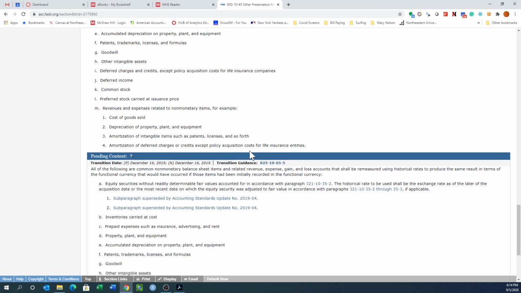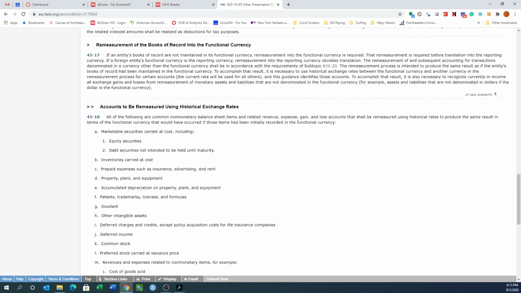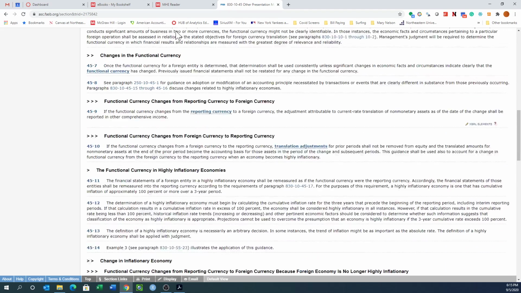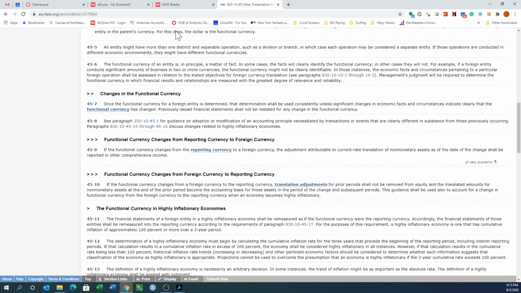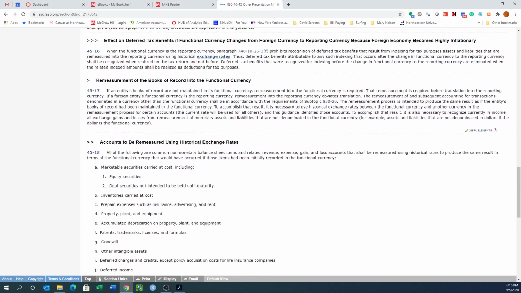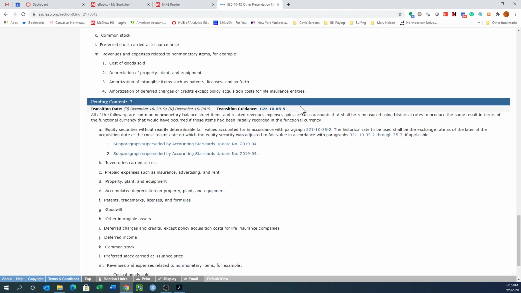For debt securities, available for sale securities all go through OCI, and you need to use the current rate. The only time, and this is up here a little bit, we kind of blew by it, there is an area where it talks about available for sale securities. With available for sale securities, the only thing that goes through income are credit losses, right? Everything else goes through OCI.